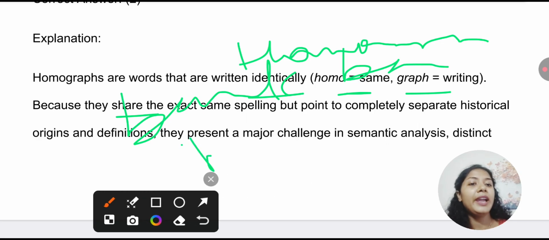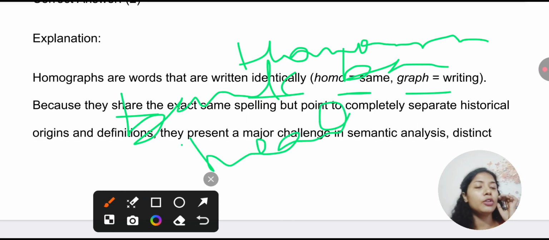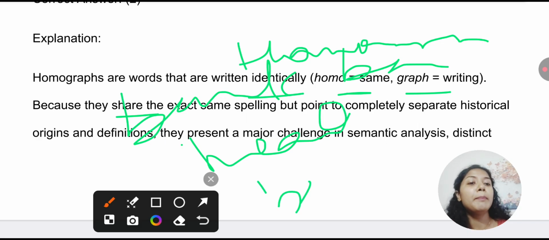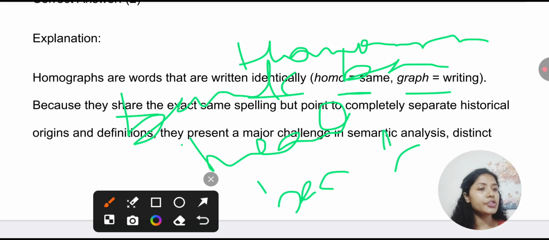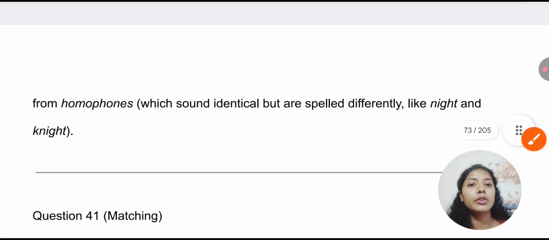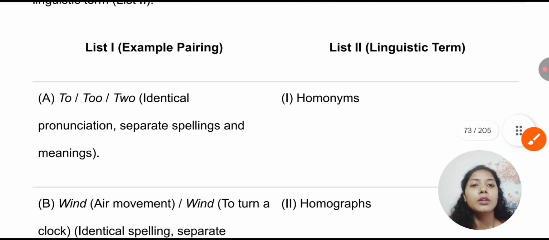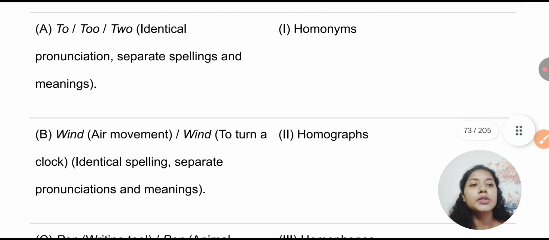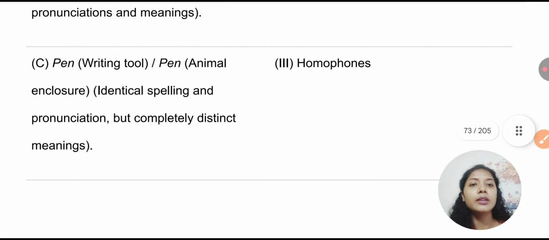Then you have head of the department and head of a human, and now here bark. So bark of a tree, and bark like a dog when it barks. Okay, this is also the same. You have to, two and two, we understood this yesterday.